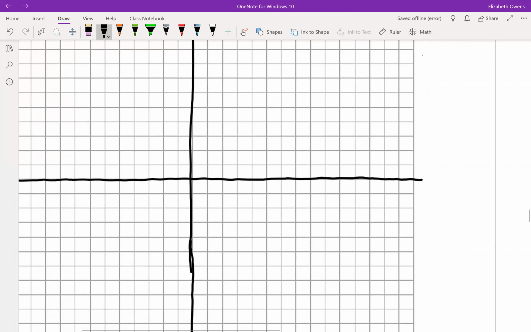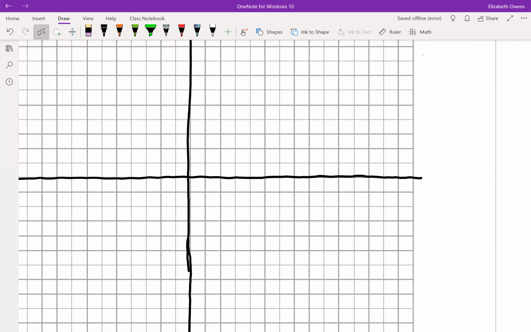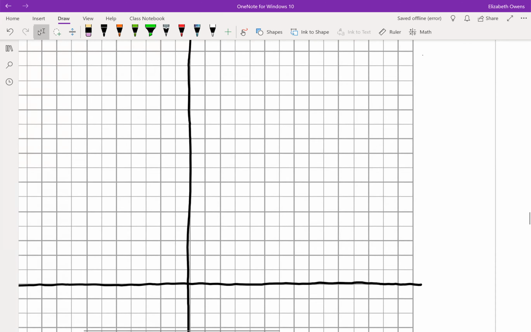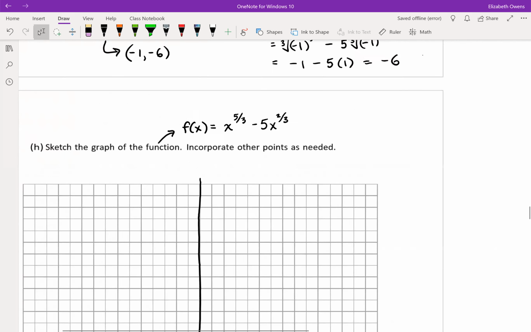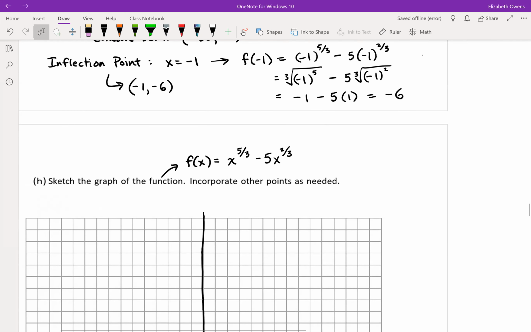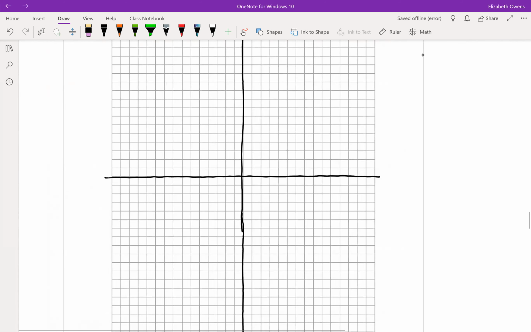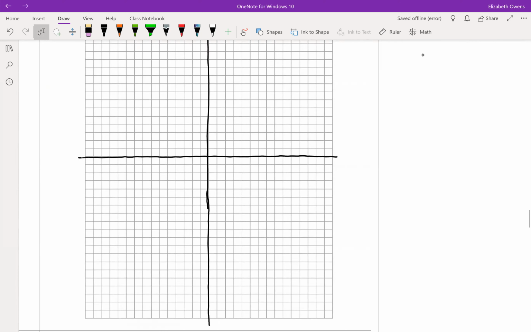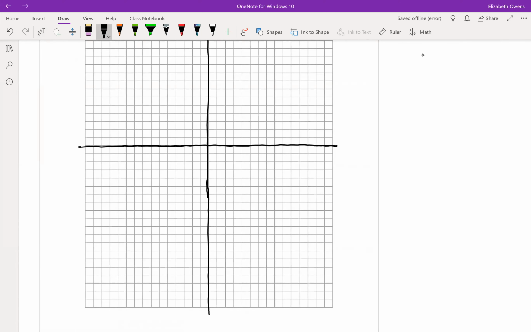So I think I'm going to make, let's see, I know we have one point here that went fairly low. We need to make sure we can incorporate -1, -6. That's a point on the graph. So yeah, let's see. 1, 2, 3, 4, 5, 6.